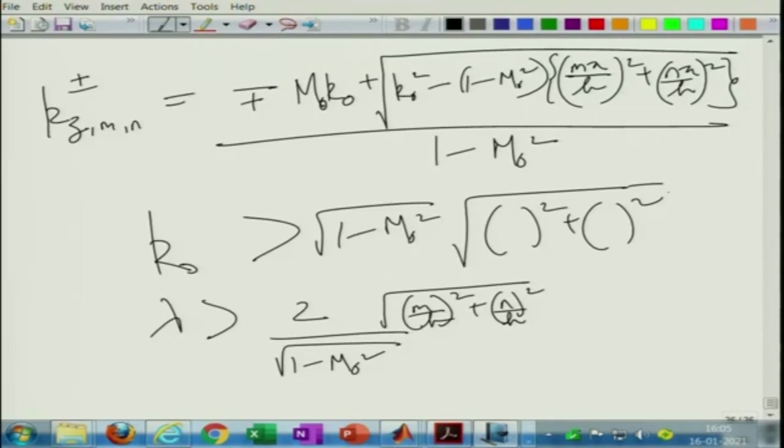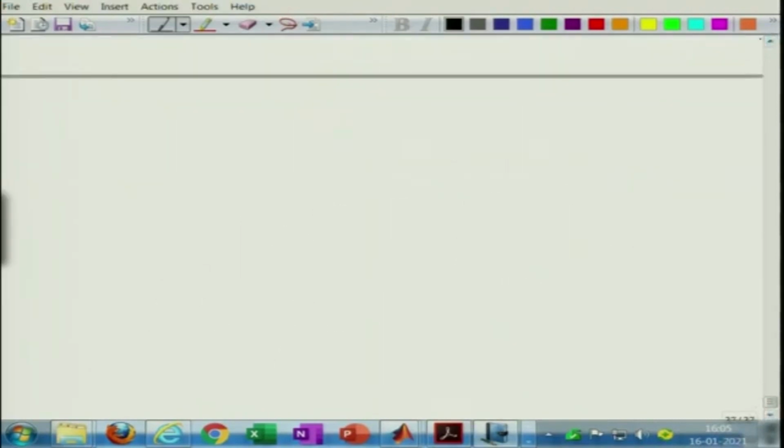And this solution then can be put in the modal solution to get us the final thing, but basically the modal solution will look very similar to your case when you have zero mean flow.